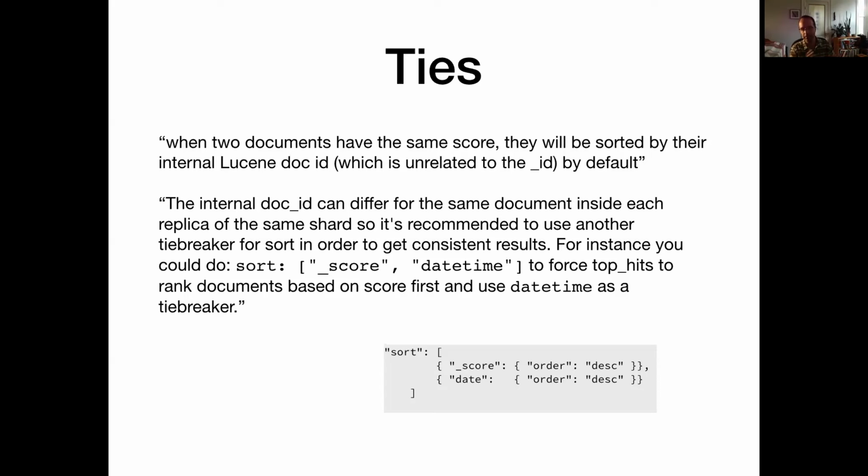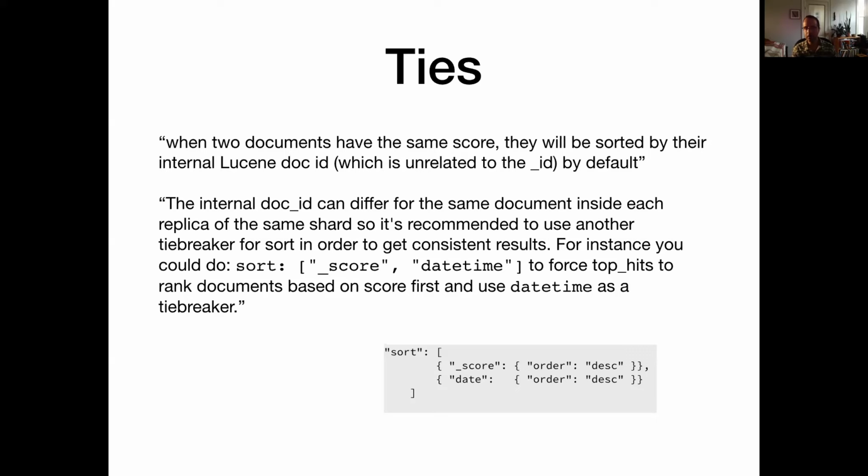The ties are broken in different ways because the internal Lucene document IDs on those two replicas are different, and so the documents come up in a different order. This can be one of those really perplexing things that happens when you're trying to tune relevance in a cluster scenario, and you see things coming back in different orders each time you execute the same query. This is one of the reasons why that might happen.